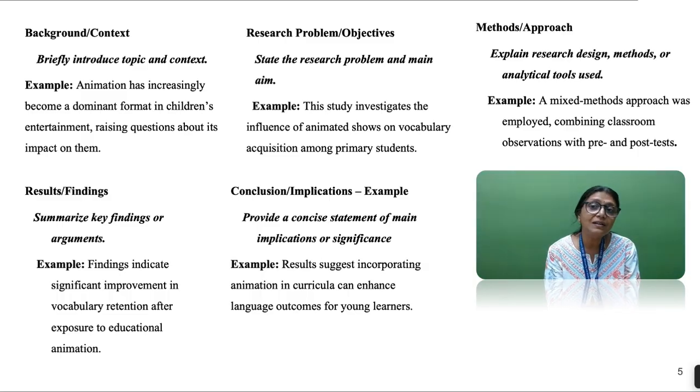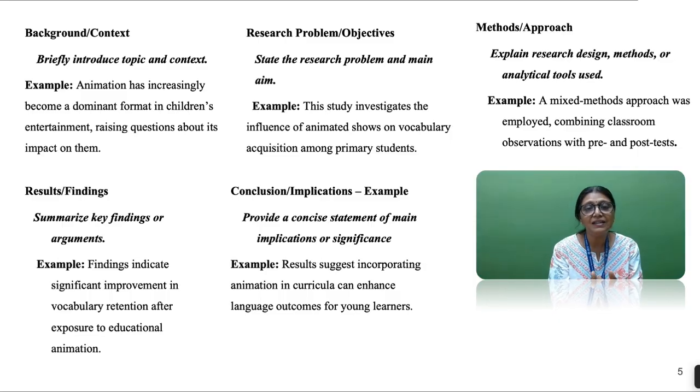A mixed method means both quantitative and qualitative research methods mixed together. So qualitative data we collect from the classroom observations, and the pre and post test marks become quantitative data. So I'm talking about method. That's the third component of an abstract. And then comes the mention of results and findings.